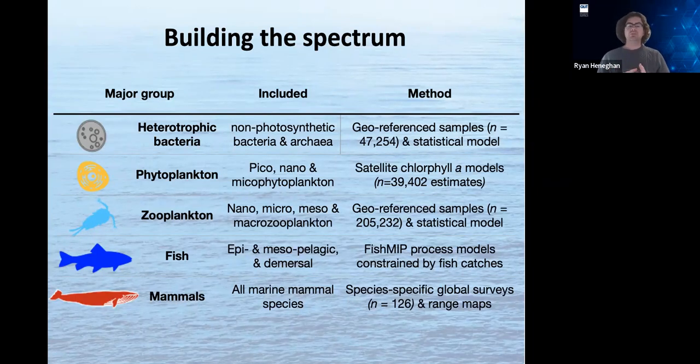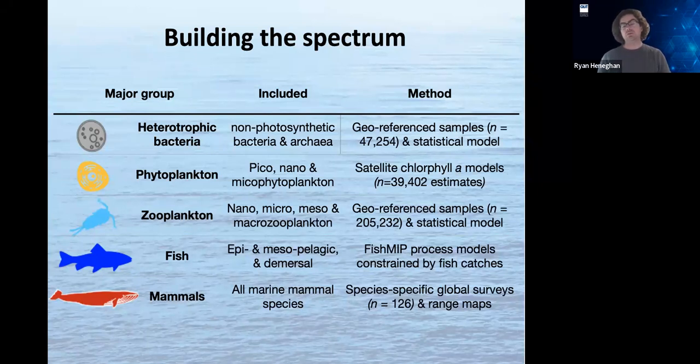For phytoplankton, we used another statistical model with satellite chlorophyll that gives you the total biomass in the euphotic zone of phytoplankton in those 3 size classes: pico, nano, and micro phytoplankton, small, medium, and large. For fish, we used marine ecosystem models from FishMIP. There are about 10 global marine ecosystem models that can give you fish biomass.